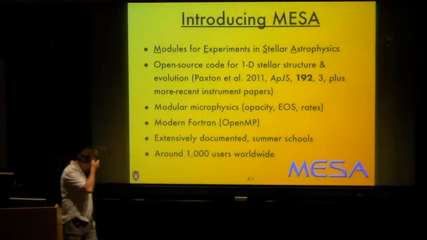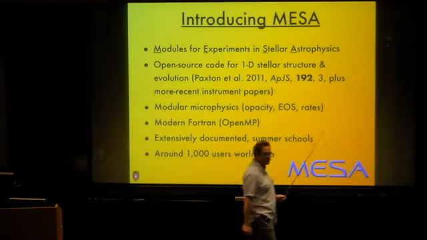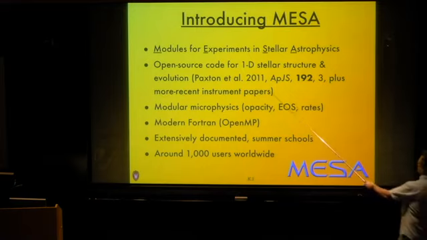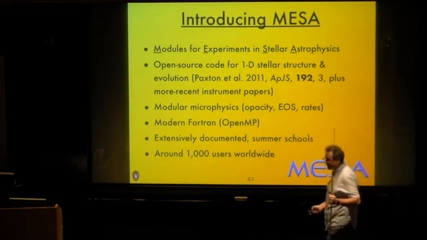I'm going to finish up by giving you a little bit of homework. All of the examples you've seen today were calculated using a piece of software called MESA, which stands for Modules for Experiments in Stellar Astrophysics. This is an open source code for doing 1D stellar evolution. It was originally discussed in a paper by Bill Paxton in 2011.